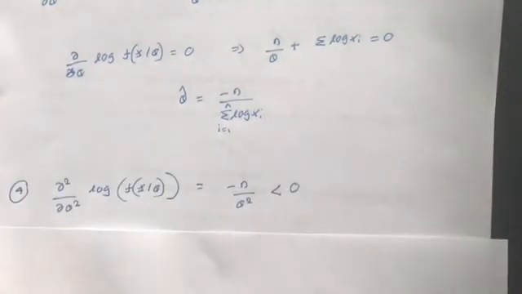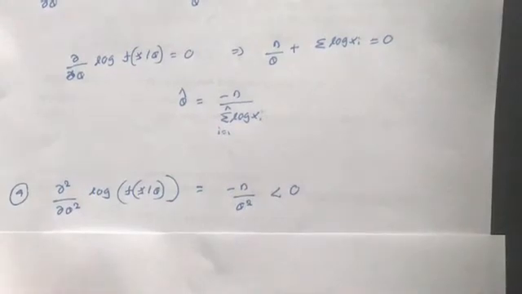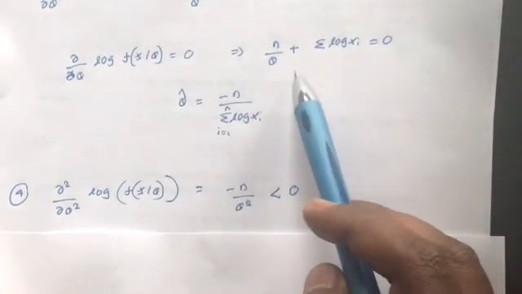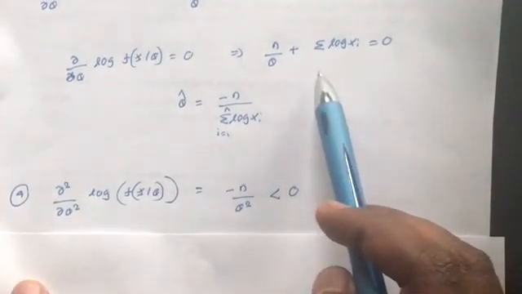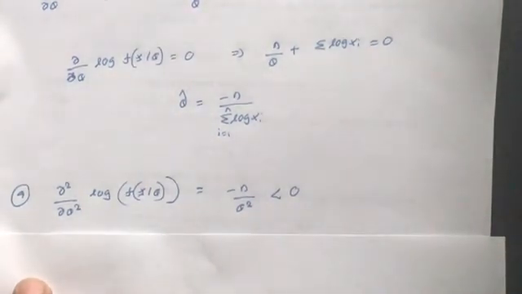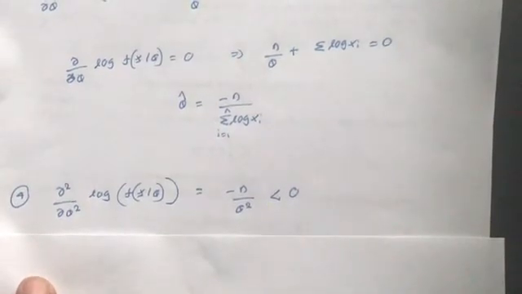Here you can see this is the first derivative of the likelihood function. In order to find the second derivative, we can simply take the derivative of this. The second term is independent of theta, so its derivative will be 0, and we only have to consider the first part.